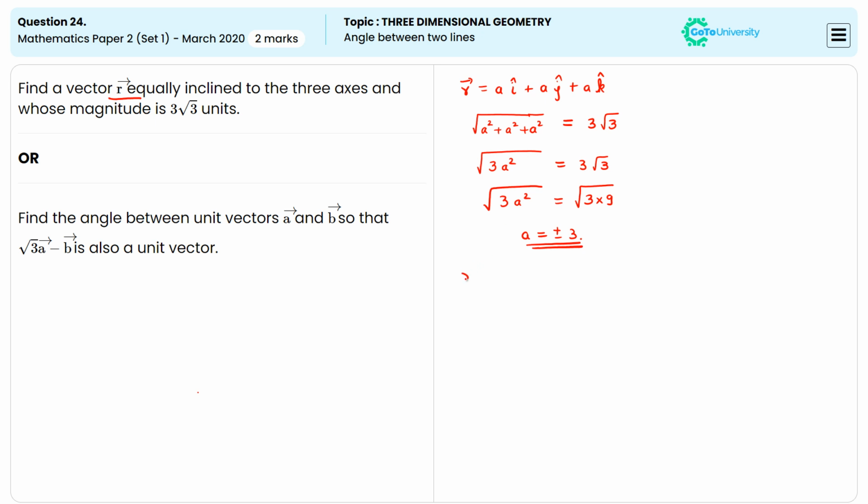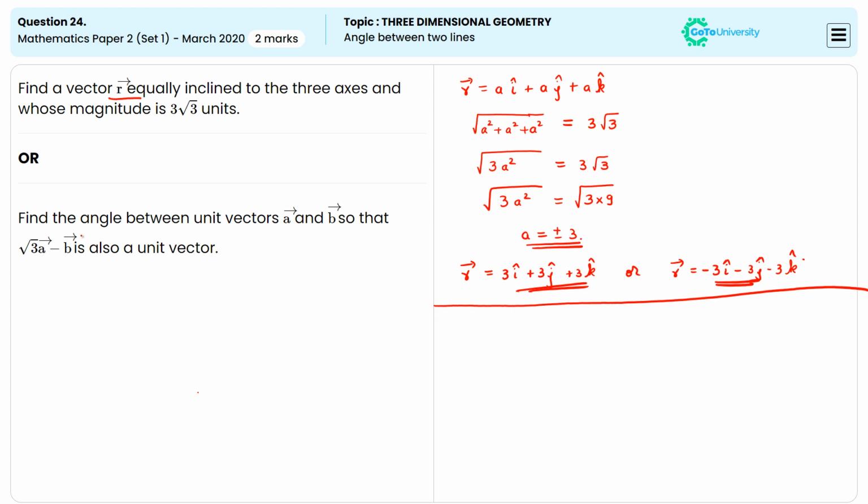So with this, I can write down the vector as 3i plus 3j plus 3k, or it can also be written as vector r equals negative 3i, negative 3j, negative 3k. So this is our final answer.